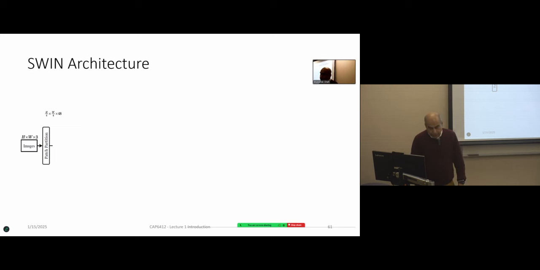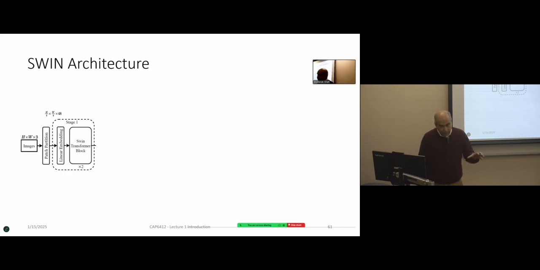Okay? So then you go to stage 1, and you do the linear embedding, and you have these Swin transformer blocks, two of those. And these blocks basically are the self-attention and all those standard transformer blocks. So then we go to the next thing.